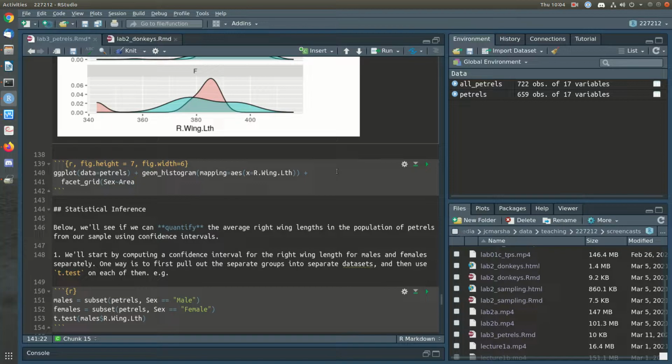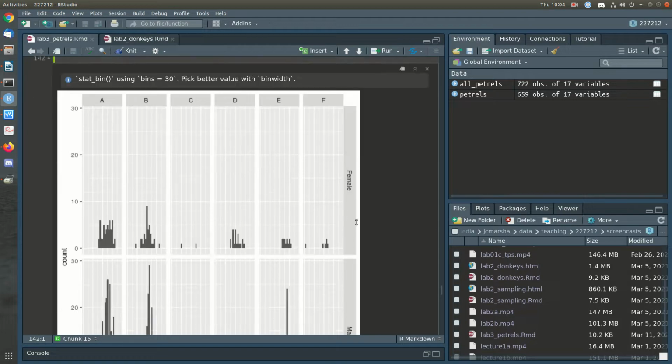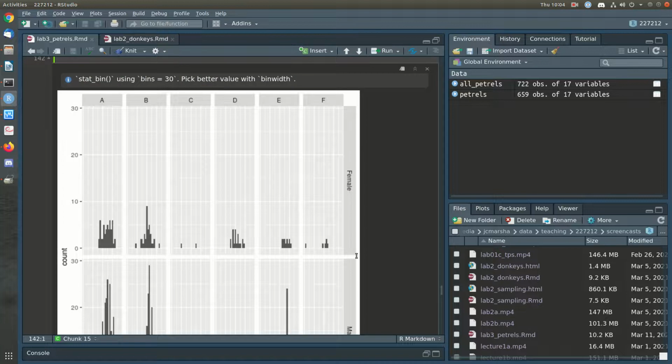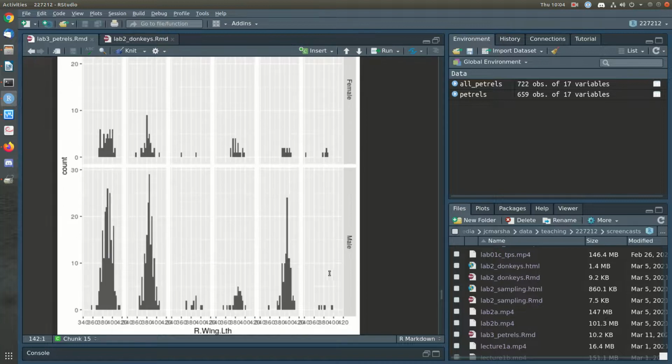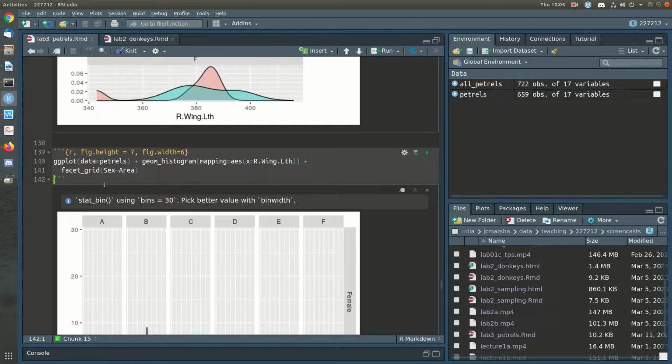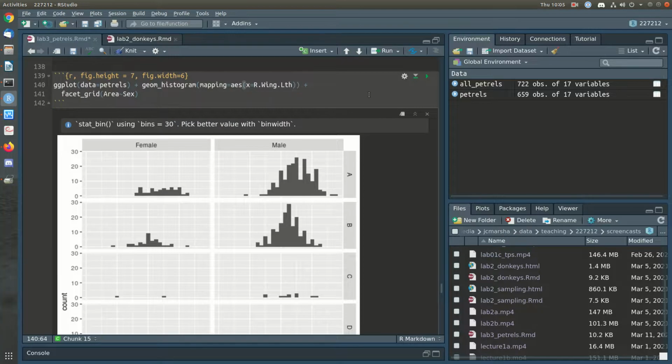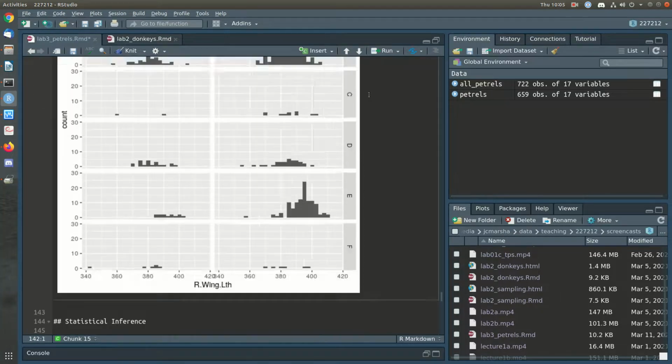So facet grid is like facet wrap, except you use two variables, and one of the variables is used for the rows and one for the column. That's actually the wrong way round to what I want. I actually want it the other way around, because what I want to be able to do is compare within the females. I want to compare across the areas, so I want each of the areas lined up vertically. So let me swap those around. That's better.